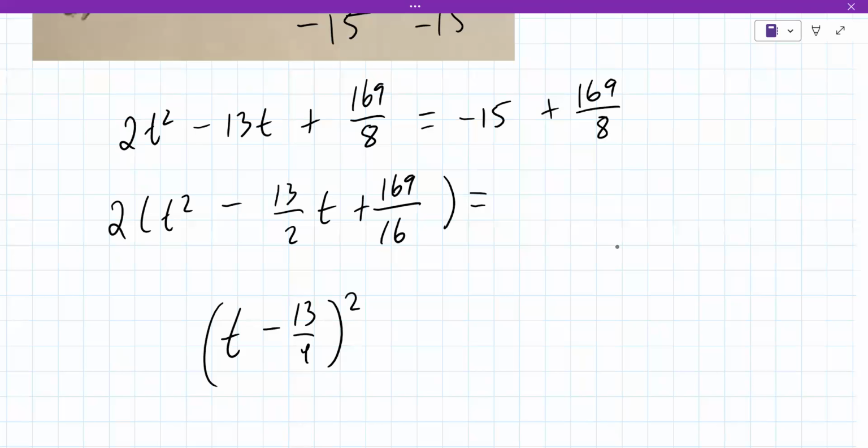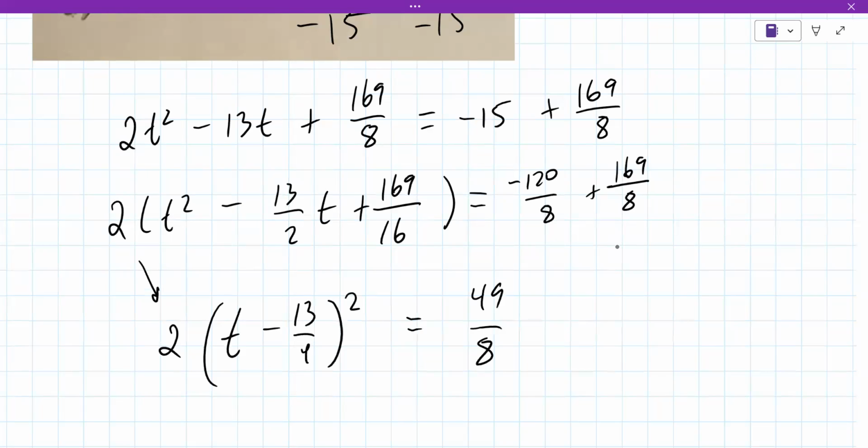It's really minus 120/8. Like that. You get 49/8. And then you bring this 2 down. So why don't you try solving it from here? You'll see it does work out a lot better.